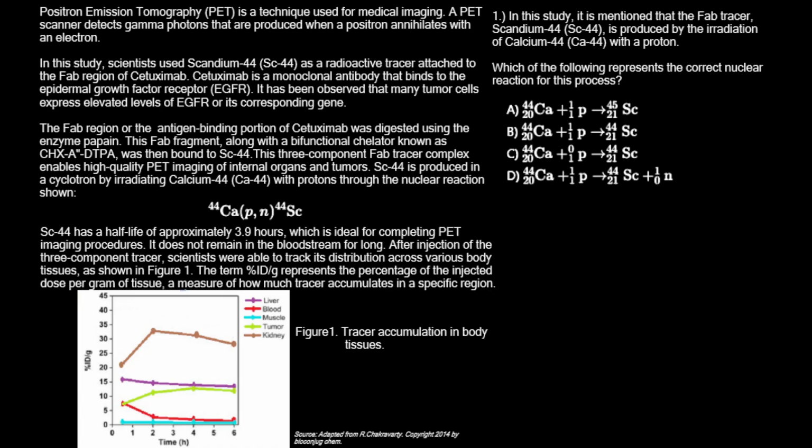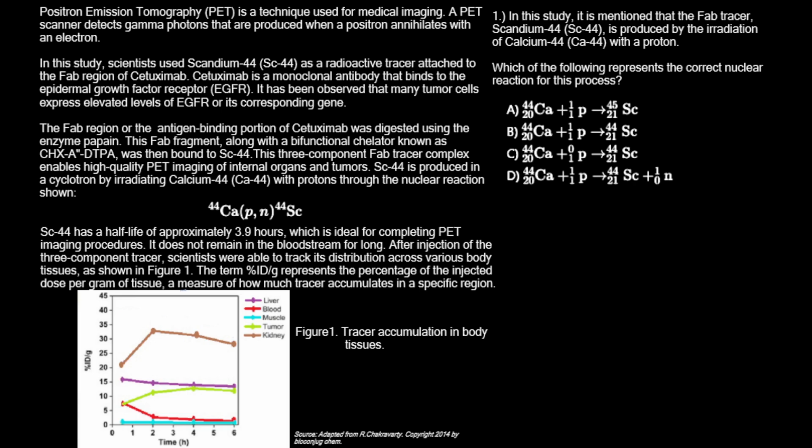A PET scanner detects gamma photons that are produced when a positron annihilates with an electron. In this study, scientists use scandium-44, SC44, as a radioactive tracer attached to the Fab region of cetuximab.